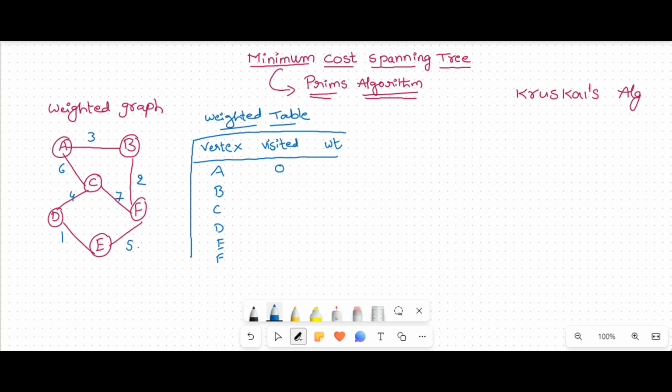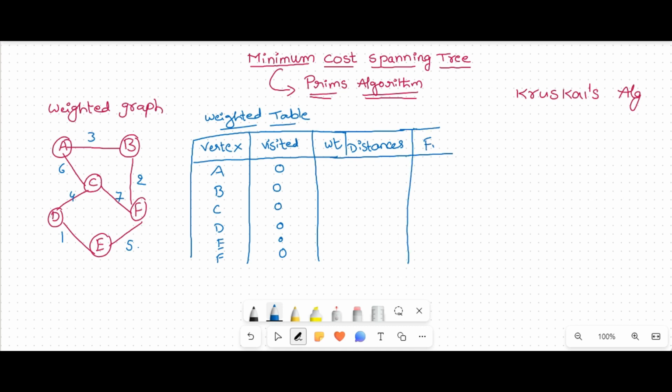Initially, no vertices are visited. Here you can take weights or distances, and this distance is from which vertex? We will represent it as "from the vertex".